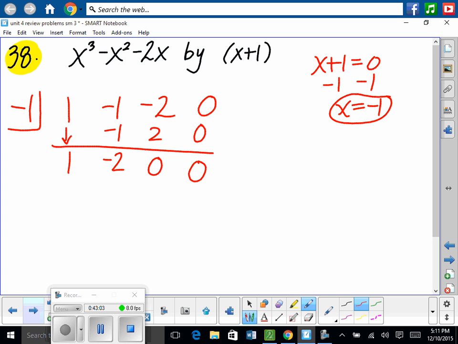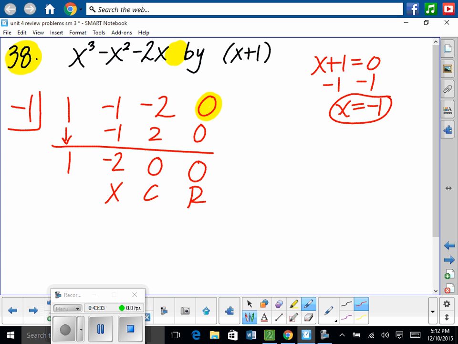So you have to be really careful with this one, because if you forgot that we were missing that constant and forgot your 0, you would have not come out quite correctly here. So if this is our remainder, then this is our constant.